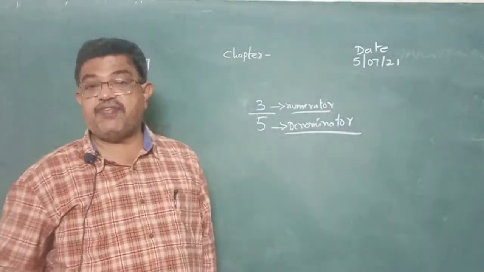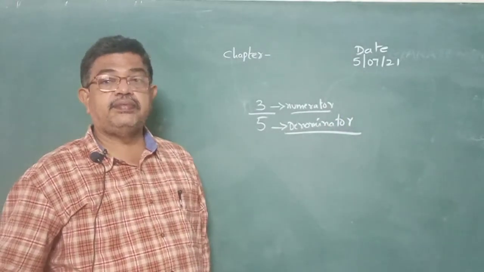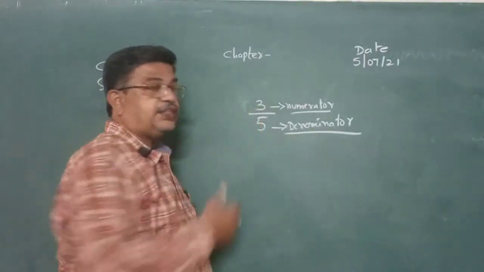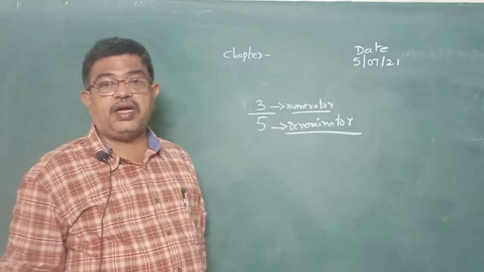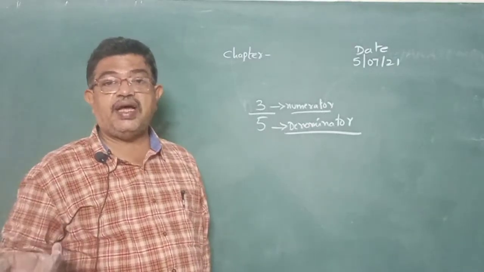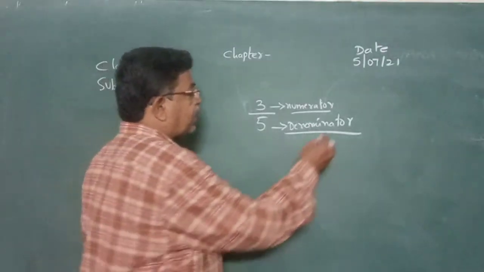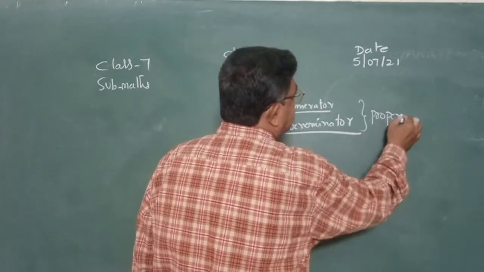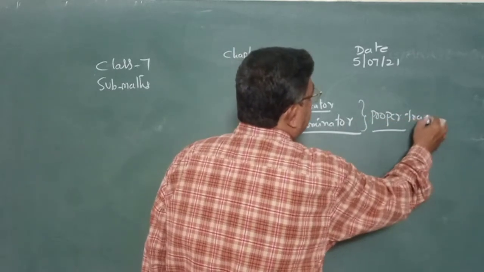This we call a fraction. What type of fraction is it? As the numerator is less than the denominator or the denominator is more than the numerator, such a fraction is called a proper fraction. So already we learned this. So this is called a proper fraction.